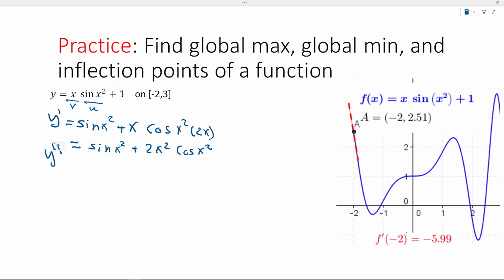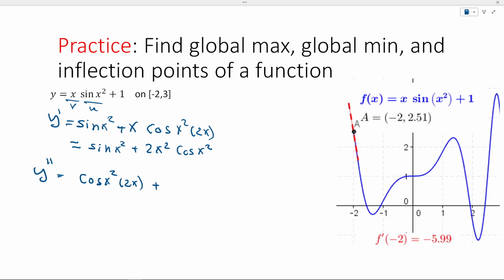So I got something that looks like this. Okay, what is the second derivative? So the second derivative of sine x squared would be cosine x squared times 2x, yeah?